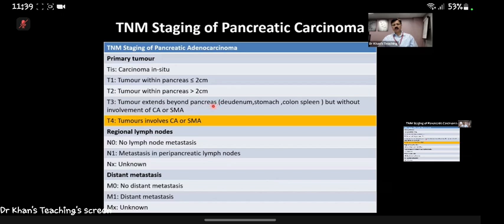What is the definition of beyond pancreas? Surrounding structures including duodenum, stomach, colon, and spleen, but without involvement of the celiac artery or the SMA. But if there is involvement of celiac artery or SMA, it becomes a T4 tumor. Take home exam point is that if celiac artery or SMA is involved, T4 tumor means non-operable. And this is what they are going to ask in the exam.